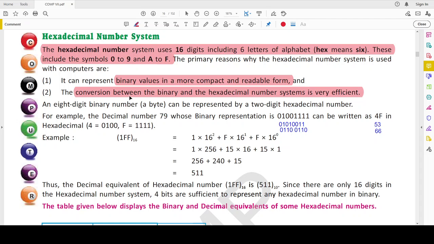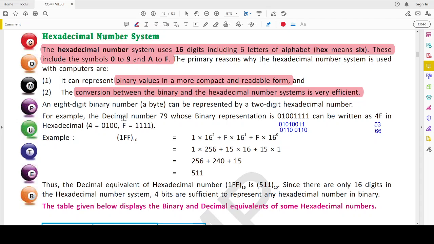You have already seen octal to binary, binary to octal. Now you will see hexadecimal. An 8-digit binary number, a byte, can be represented by a 2-digit hexadecimal number.